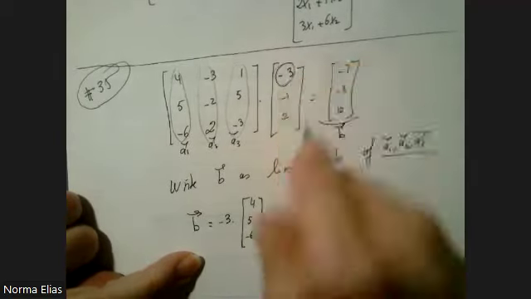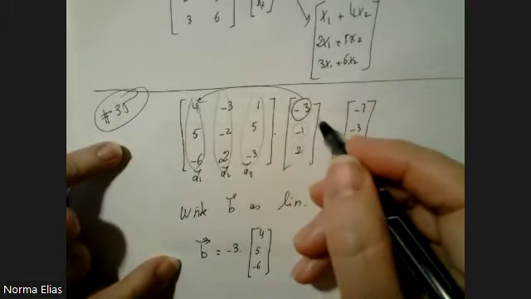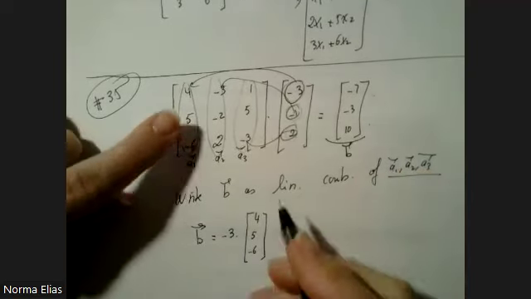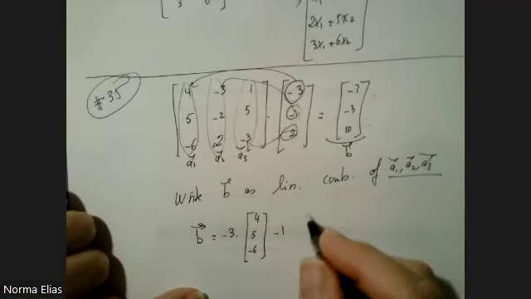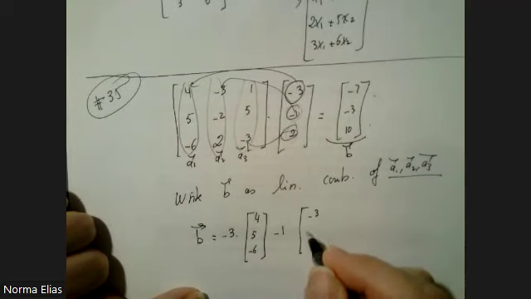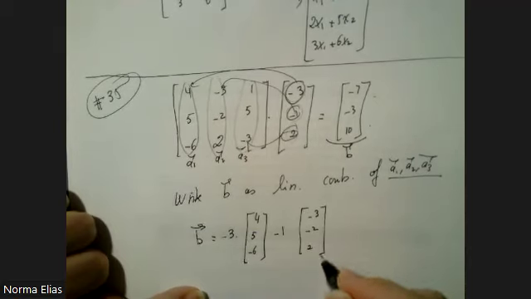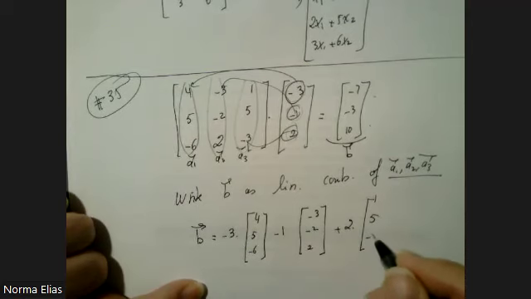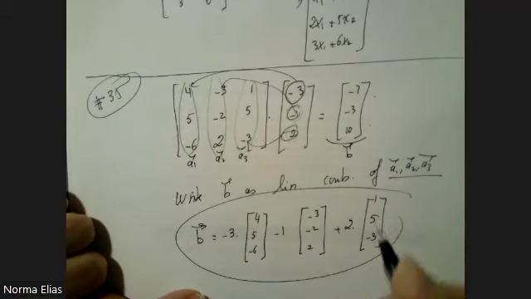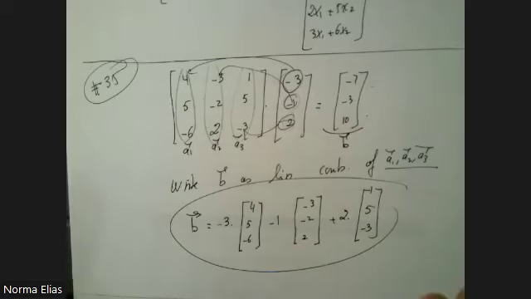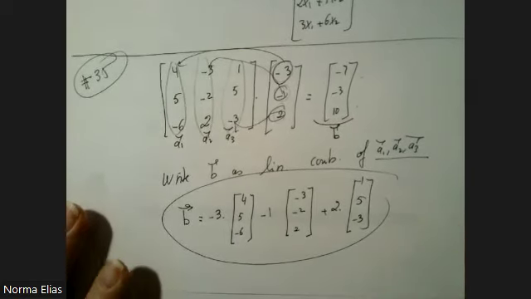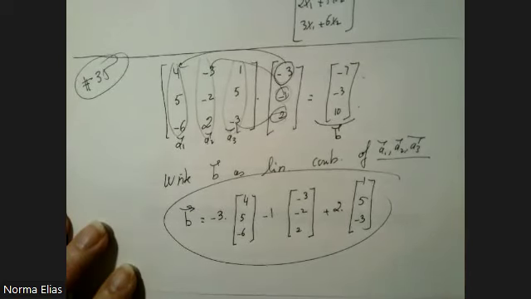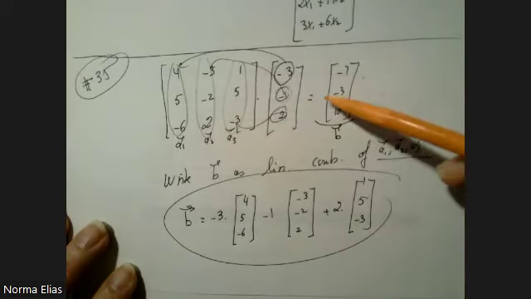So these are the weights that you should put on A1, A2, and A3 to get the vector B. Minus 1 times (minus 3, minus 2, 2), plus 2 times (1, 5, minus 3). That's what it means. Please be very careful because you will be using this idea and I want it to become very natural to you because it's not obvious. Okay, so this matrix times is equal to minus 7.